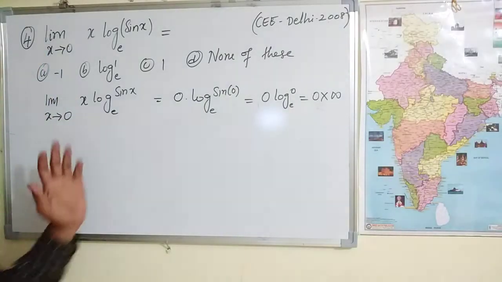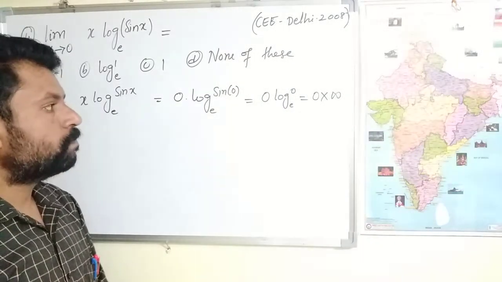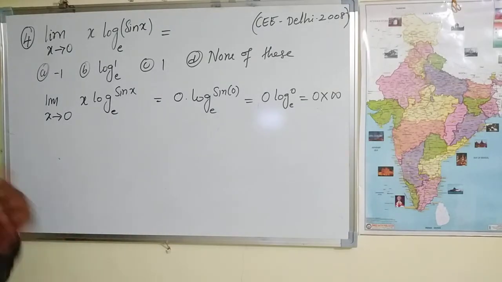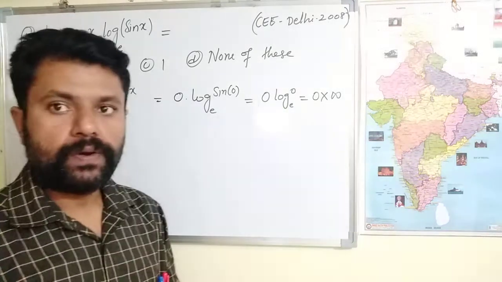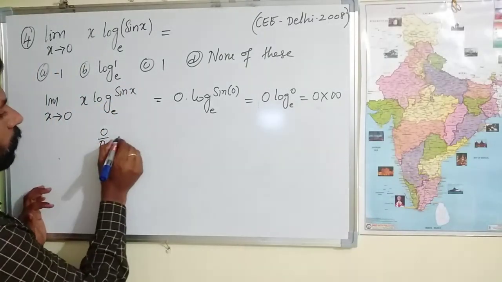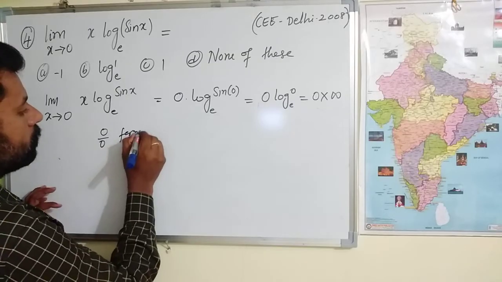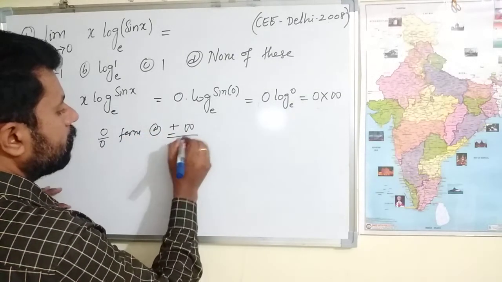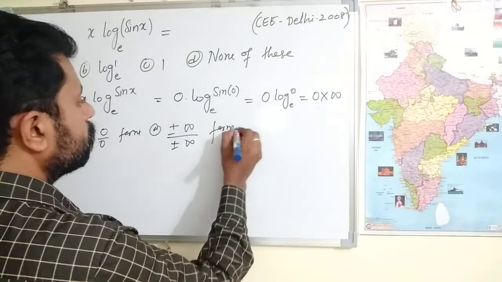This is not in the standard form. Now this result should be converted into 0 by 0 form, or plus or minus infinity divided by plus or minus infinity form.